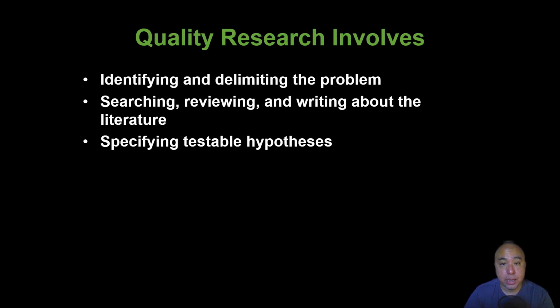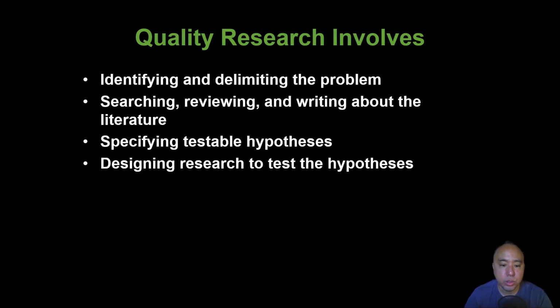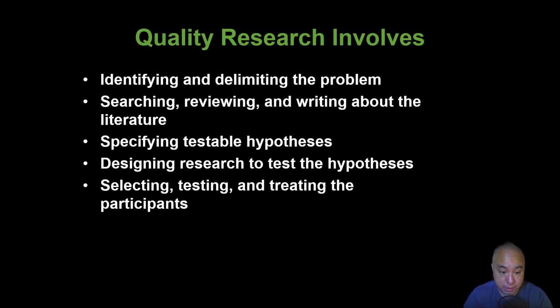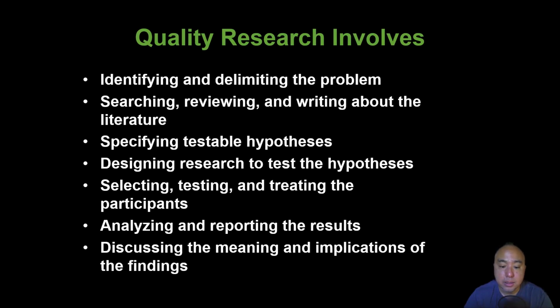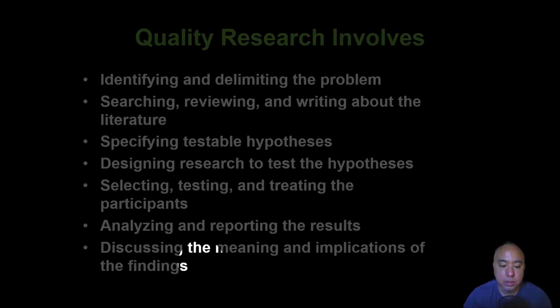This allows you to identify gaps in the literature. Then that allows you to specify those hypotheses that can be tested with your research study. Then we design our research study based on the hypothesis to be tested. You then sample your research participants, collect data, analyze the data, and discuss the meaning and implications of these findings.